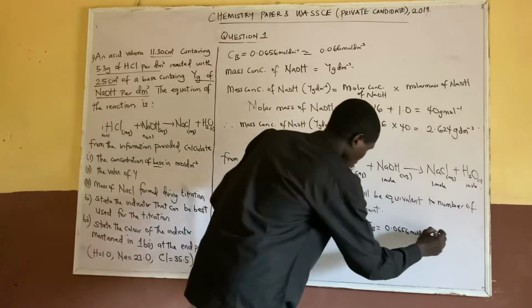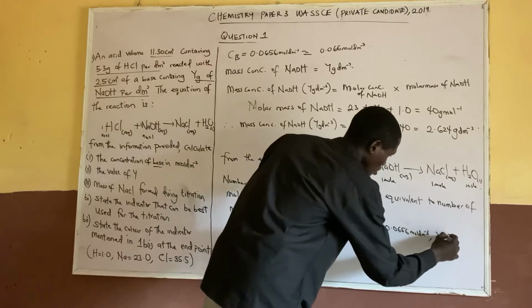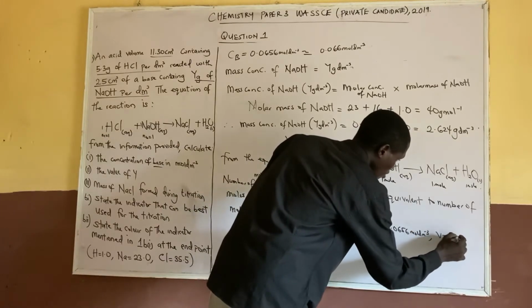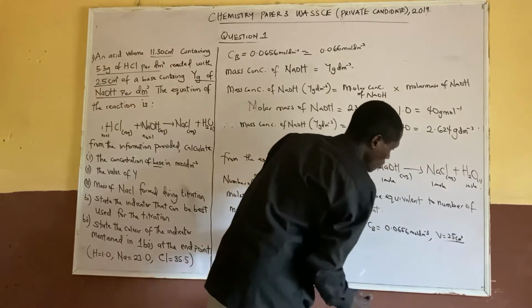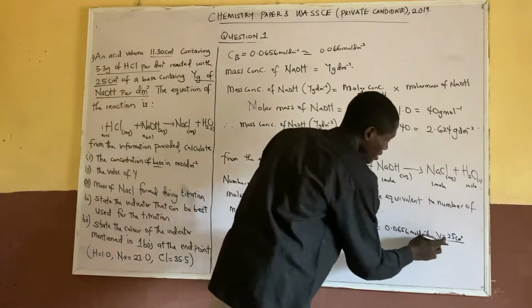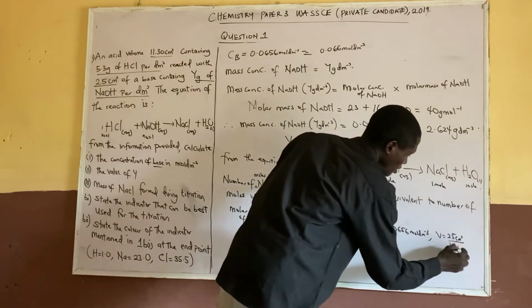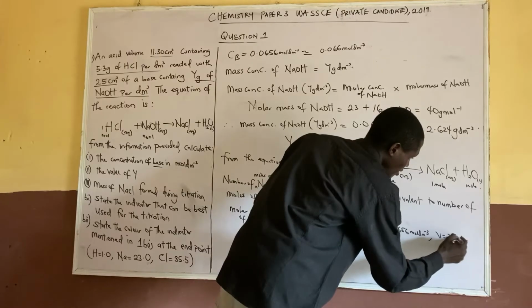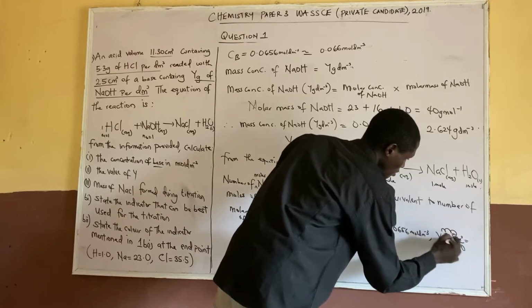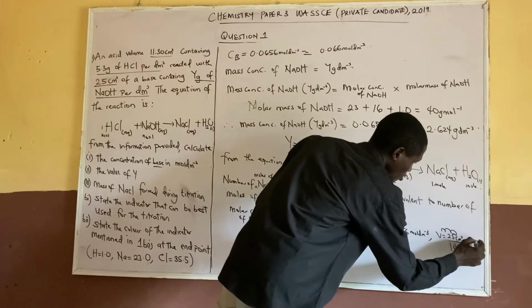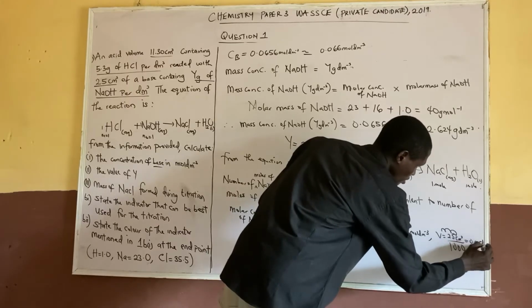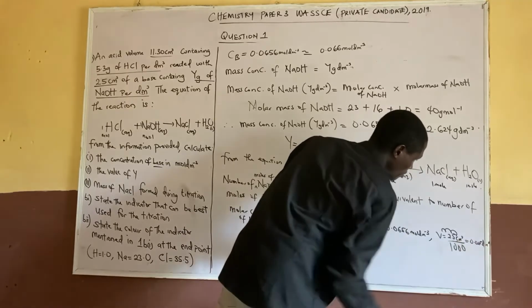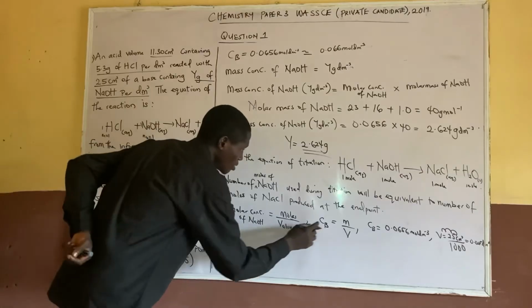V is 25 cm3 of base that was pipetted. So this is divided by 1000, and we have 0.025 dm3.